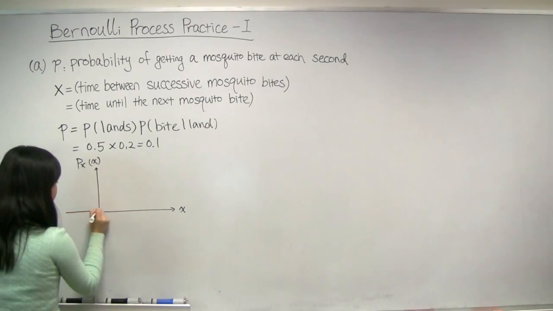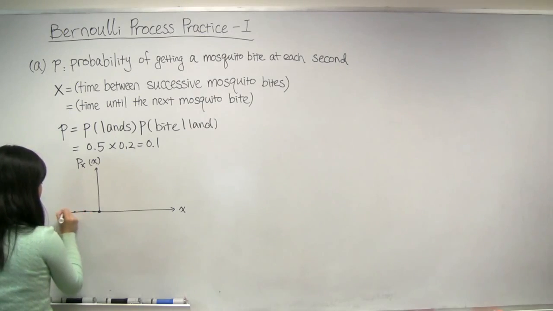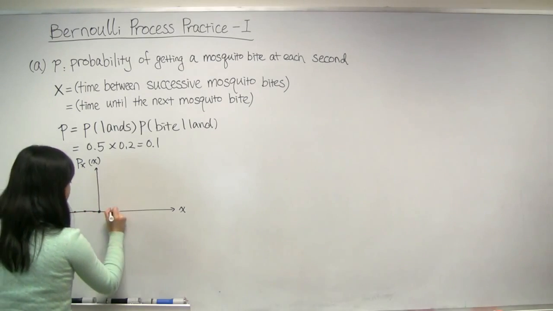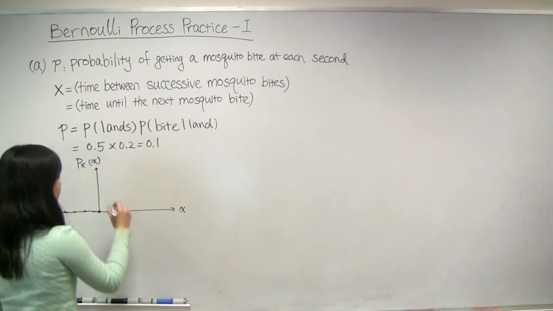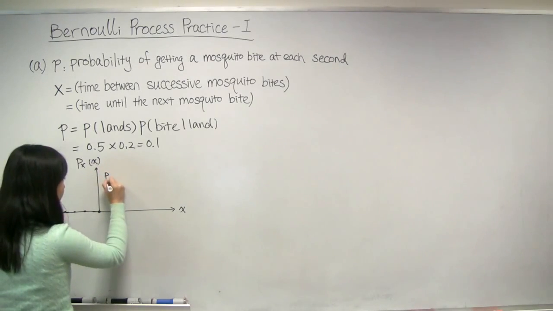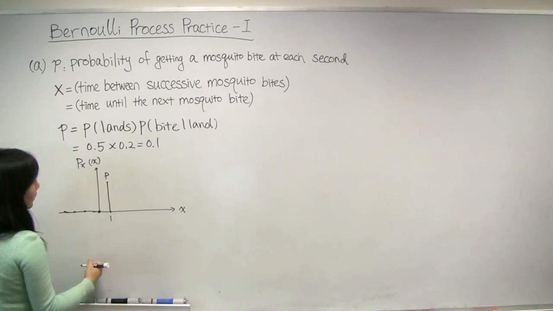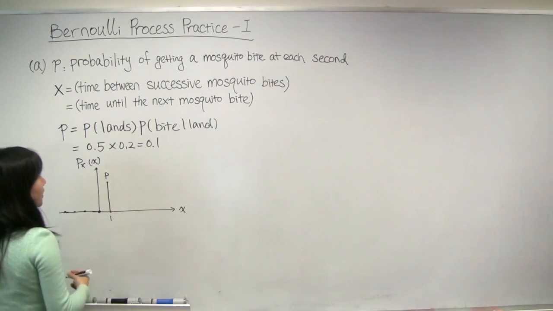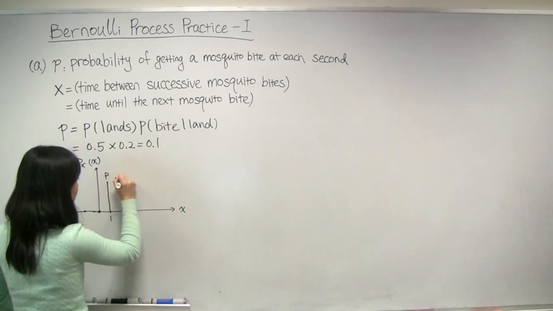For all x less than or equal to 0, the probabilities are equal to 0. For x equal to 1, the probability that it takes 1 second until the next mosquito bite is simply equal to p. And for x equal to 2, the probability that it takes 2 seconds until the next mosquito bite is equal to (1 minus p) times p.